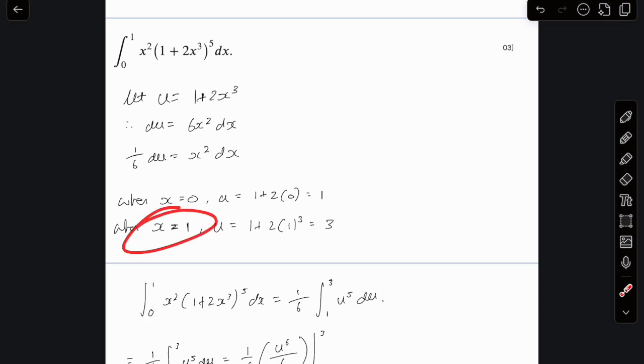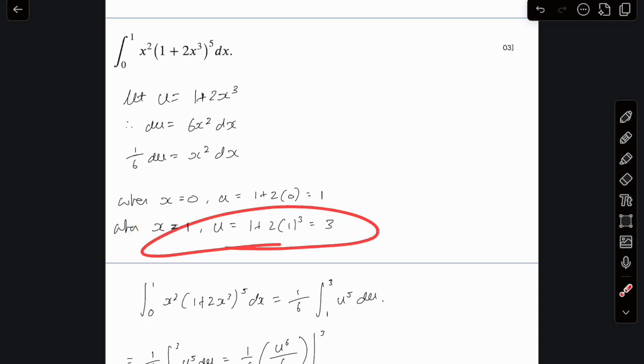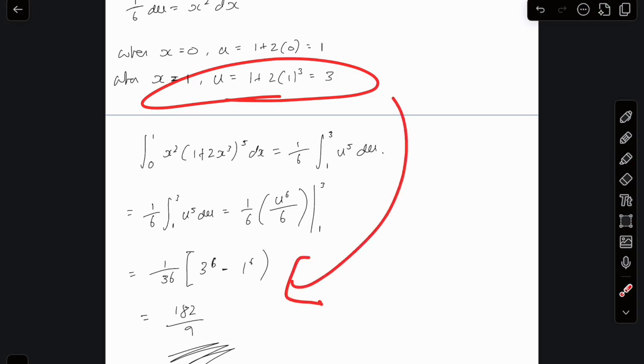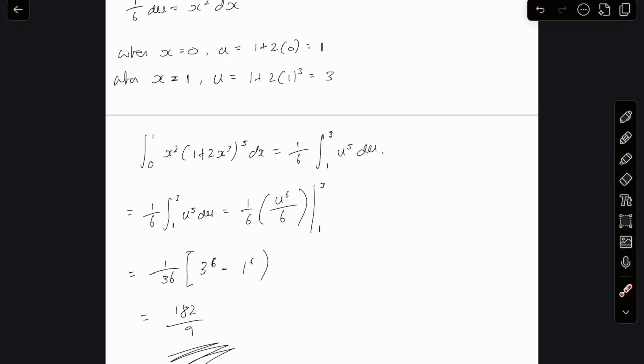And when x equals 1, u is going to equal 3. Plug everything back in, integrate as you normally would, and we get this. So in this scenario, we don't have to go back to our x values. We can stick with the u. At the end of the day, it's the value at the end that matters.